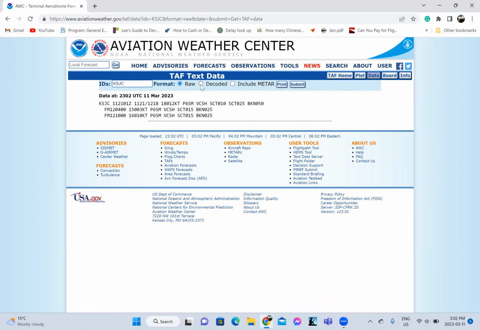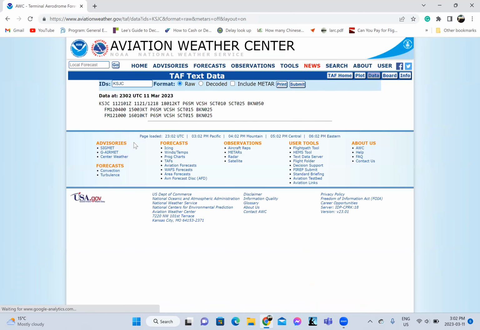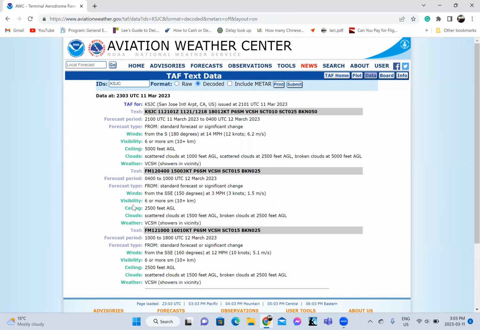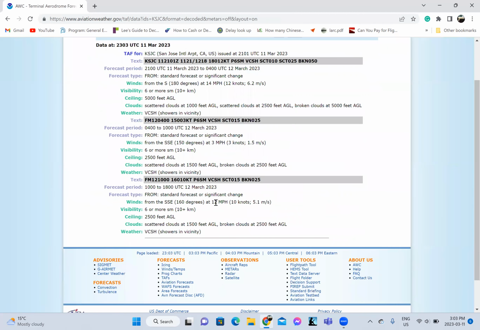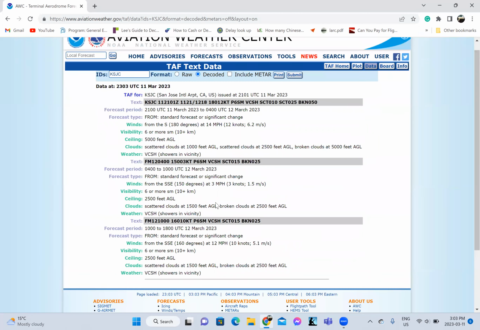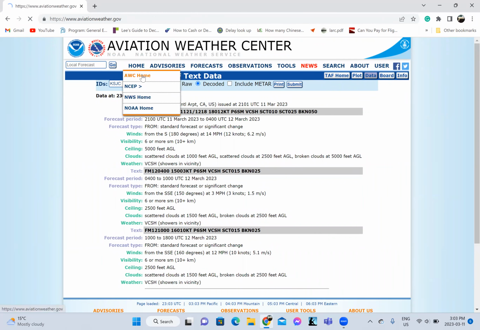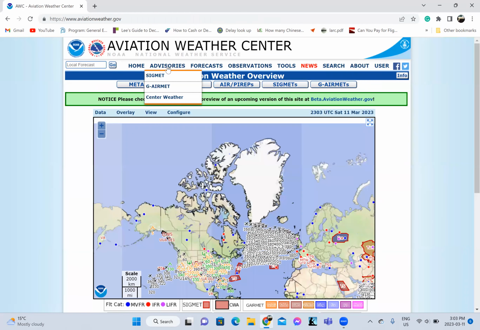If you use the decode function, this is very helpful, because if you have a lot of time frames, you could easily get lost. If we press decode, it will give us a time frame of when the weather applies, and it makes it so much easier to read. All right, so back to the home page.